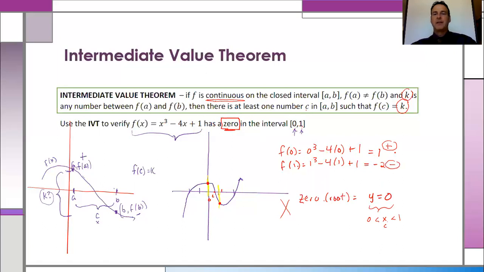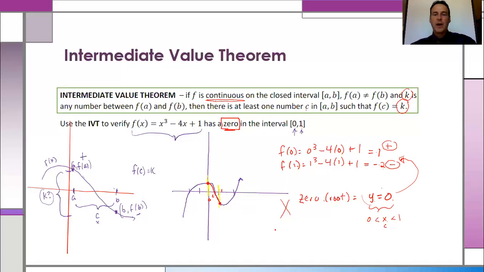And if one of my endpoints gives me a positive result, and the other gives me a y value that is negative, what that says is, as long as this is continuous, which it is, then I must have at least one root or one y value of 0, because 0 is in between these two y values of -2 and 1.